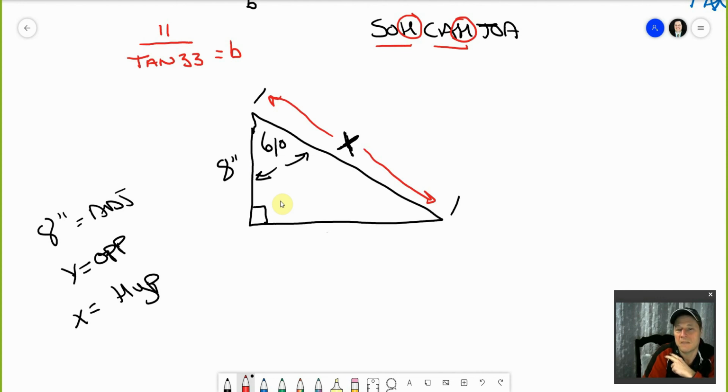It doesn't help us. So what do we know? Well, the 8. So the adjacent. It's the middle one, that's right. So cosine of 61 degrees equals the adjacent divided by the unknown.